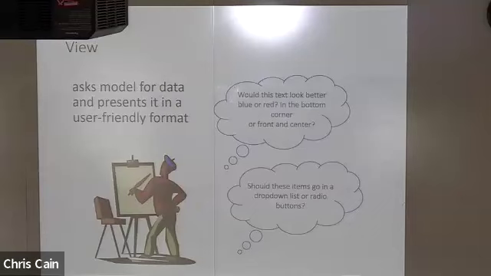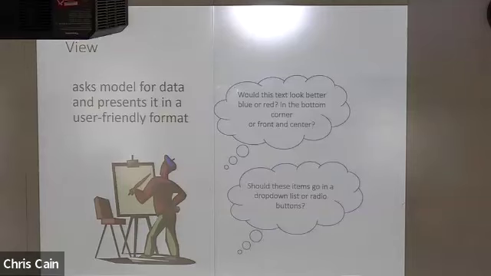The view, on the other hand, is everything to do with the user interface. So the user interface queries the model and says, what is the current state of the data? It interprets that feedback from the model in a visual way to be able to display the result of that data in a way that is user-friendly, in a way that someone can look at the user interface and say, I understand the state of the application.